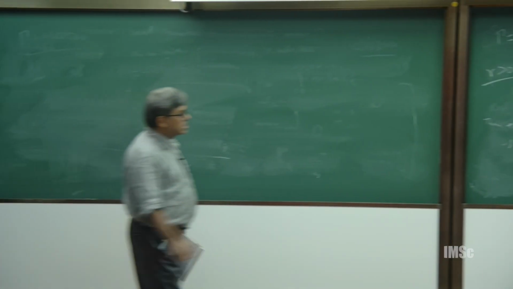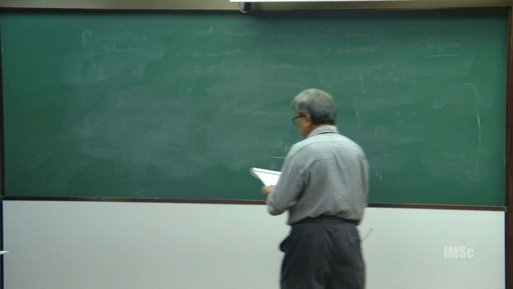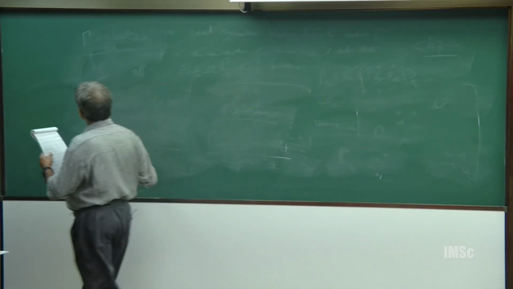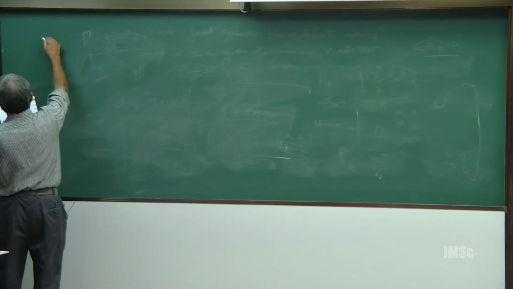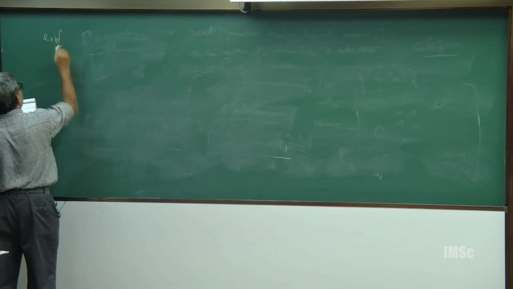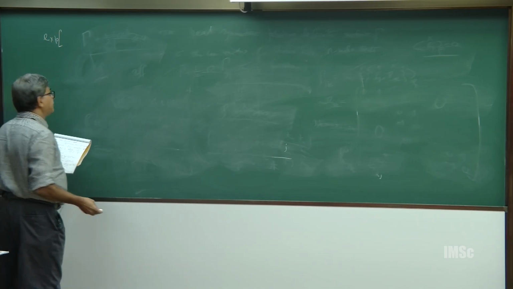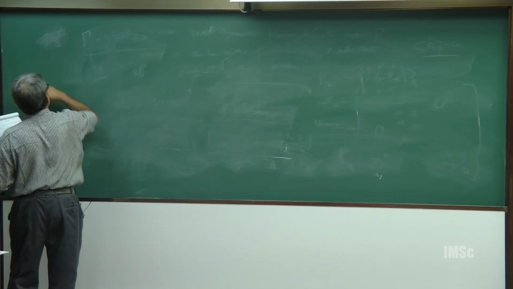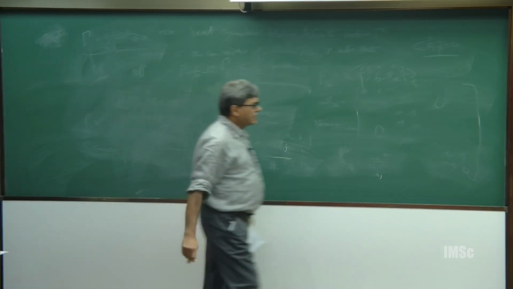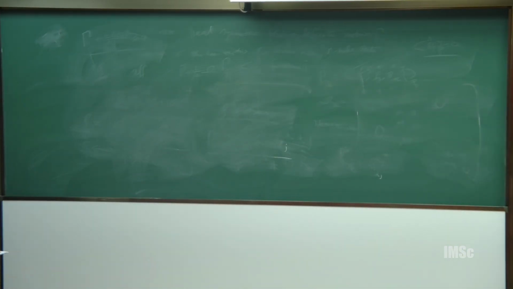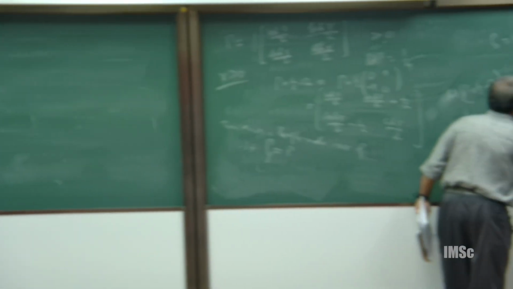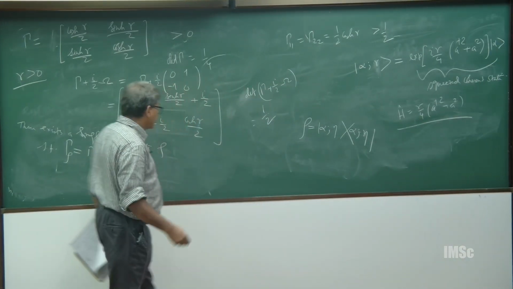This is my Schrodinger picture, so for operators I will have to take the Heisenberg picture. So, let me call rho the projector on this state, the squeezed coherent state.